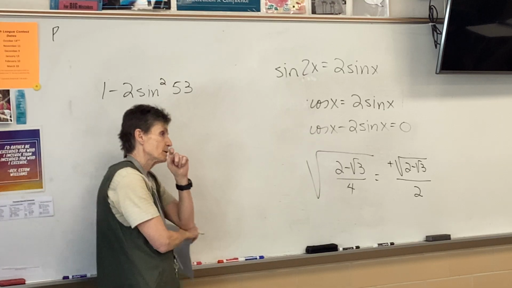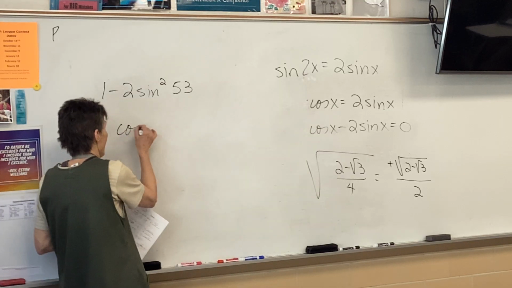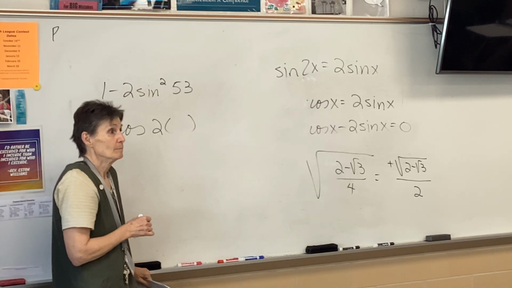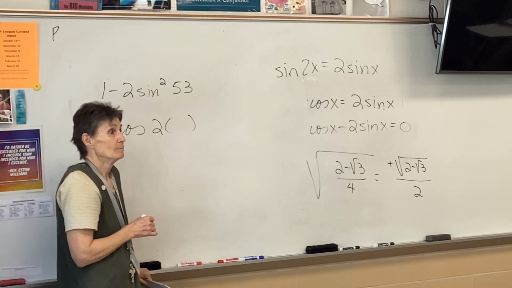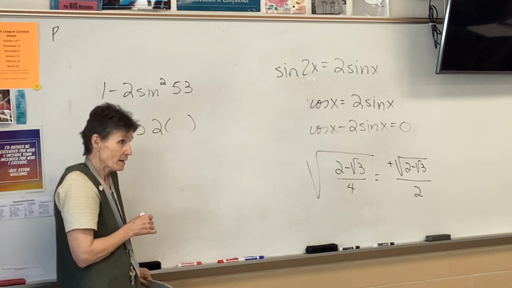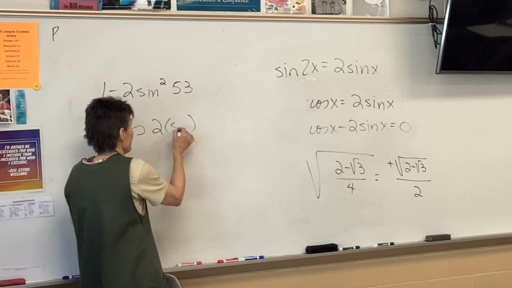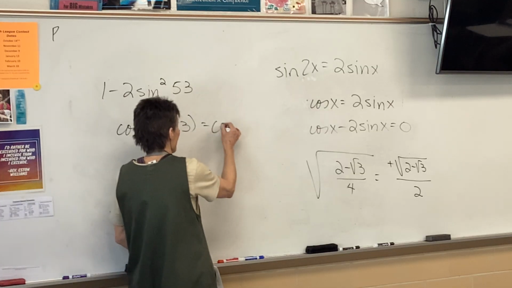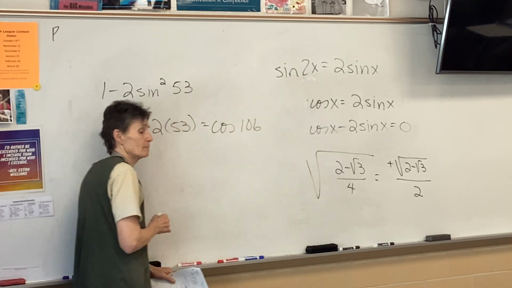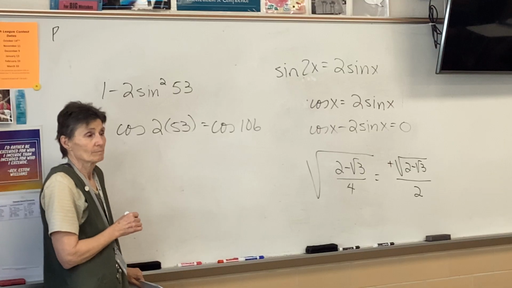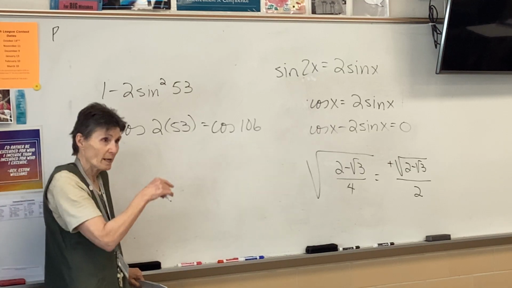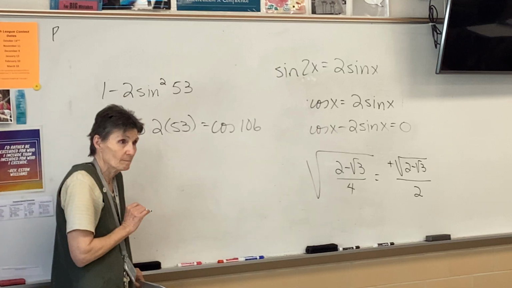So it's cos 2, a cosine of twice the angle. And our angle is 53. So this is the cosine of 106. It's a double angle cosine, so you double the angle.